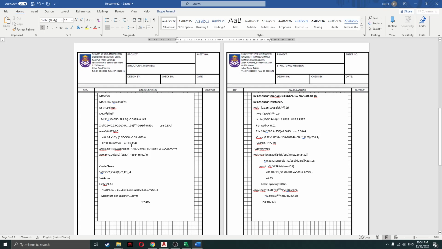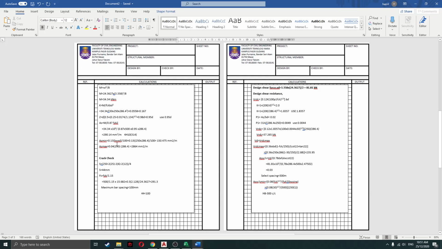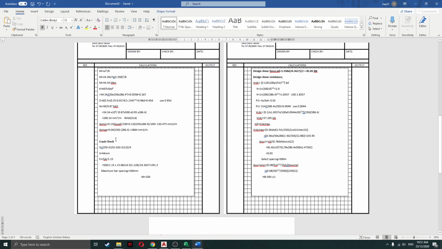So from the table I use 4H10 T14. For AS minimum 150.475. 286. For AS max I get 2864. For my AS required plus the AS requirement. Then we go to crack check.